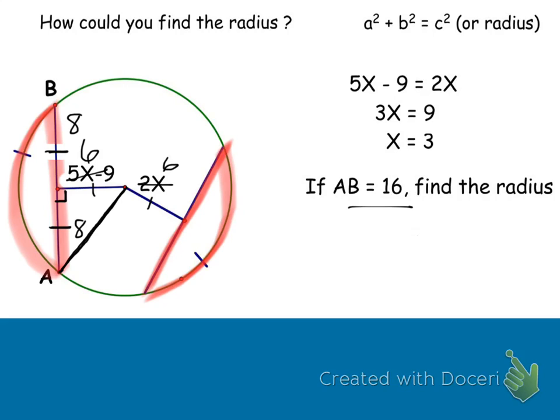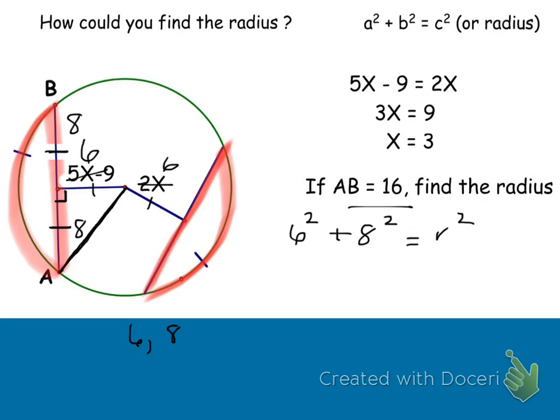And so you have a leg equal to 6. Another leg equal to 8. And now you can solve for the radius. Now, again, using our skill and our knowledge, what can you tell me about 6 and 8?